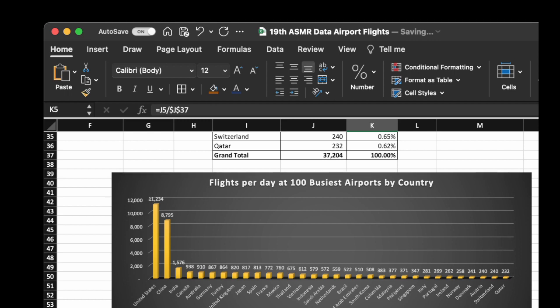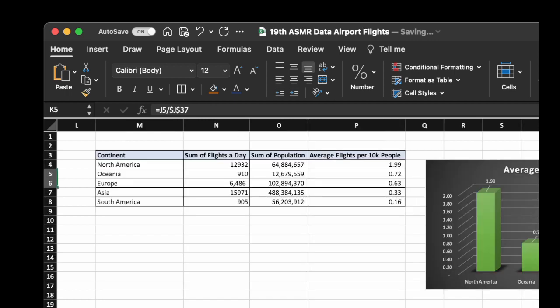Then we get into the chart for the flights per 10,000 people. We did it on the continent level. So North America is 1.99 flights per 10,000 people. And again, this is the sum of the city population, so in reality it's different, if you take all the countryside and rural population.